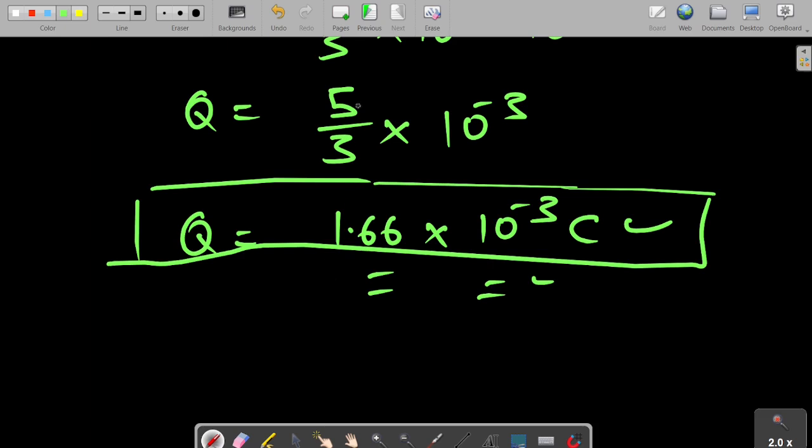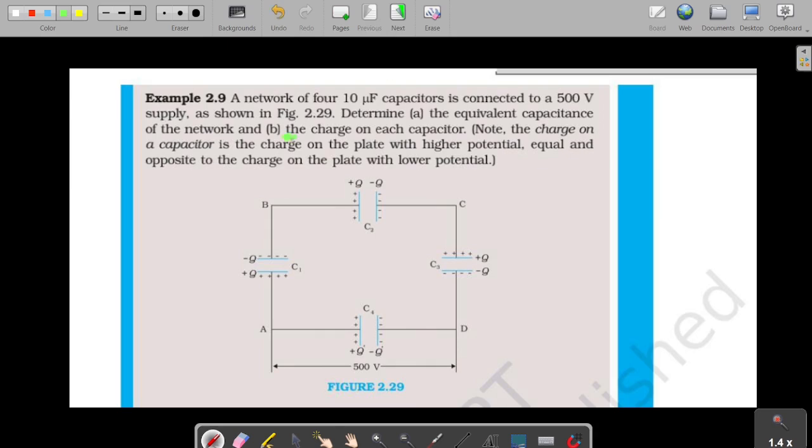Now we will see the next part of the problem. Now that we have our charge Q across C1, C2 and C3, we will see our charge across capacitor C4. I am denoting the charge across capacitor C4 as Q dash.